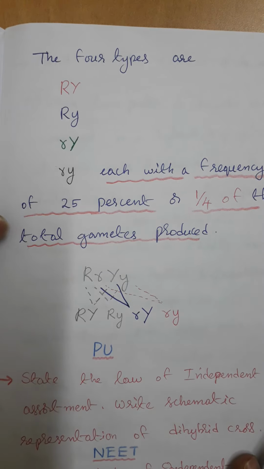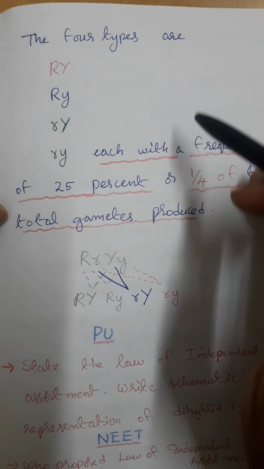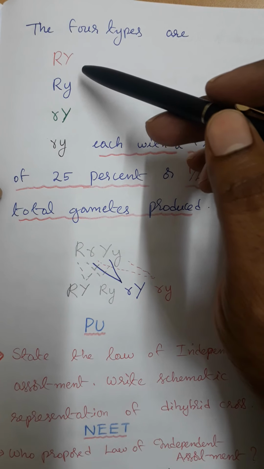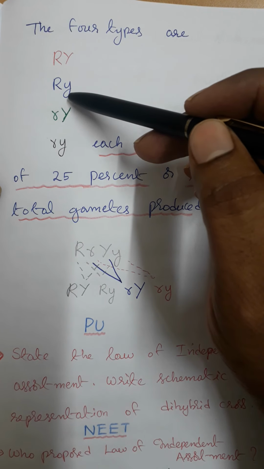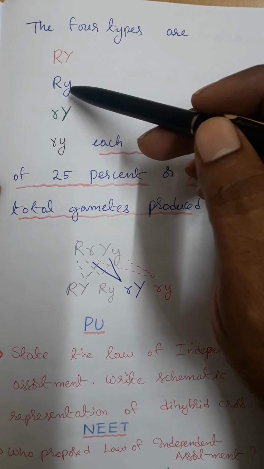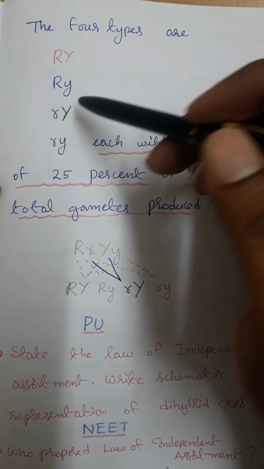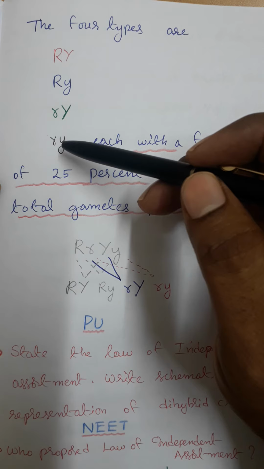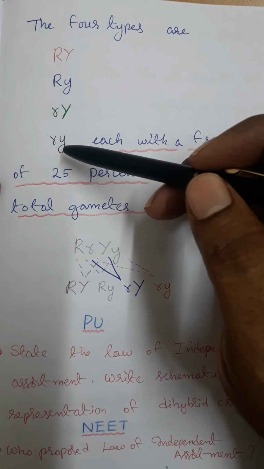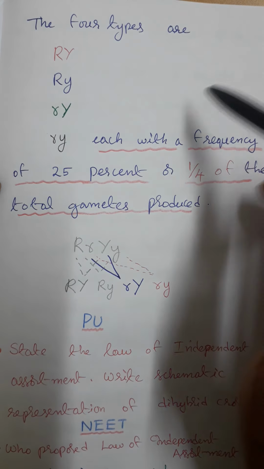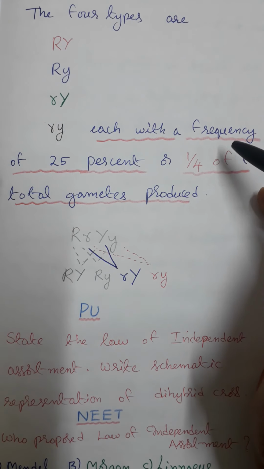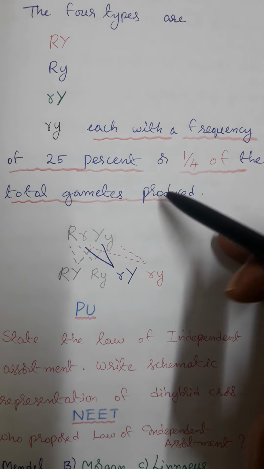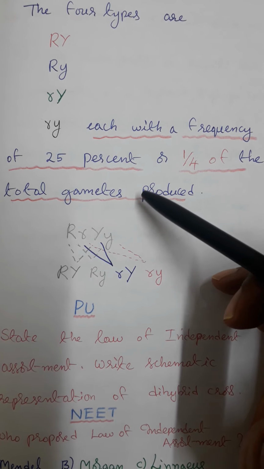The first kind of gametes is RY. The second kind of gametes is Ry. The third kind of gametes is rY. The fourth type of gametes is ry. Each has a frequency of 25% or 1/4 of the total gametes produced.